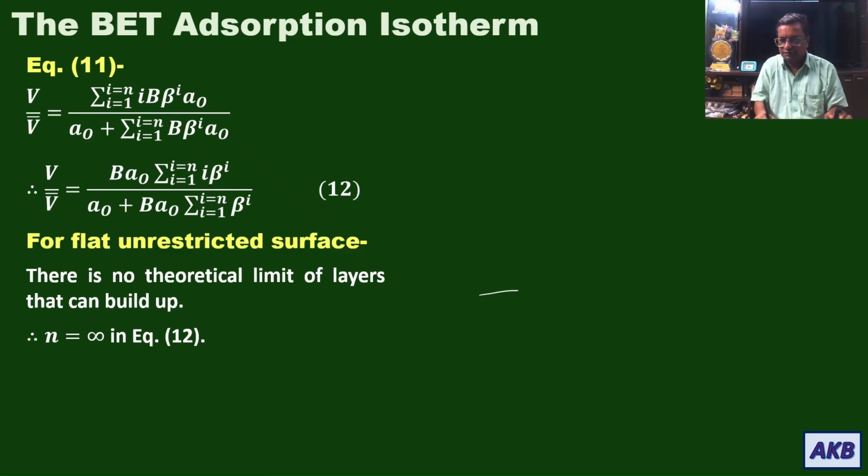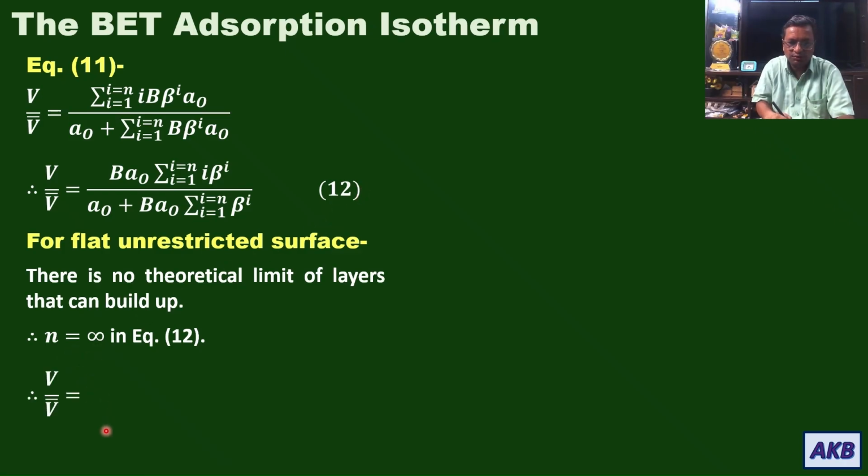When the surface is flat and there are no restrictions for the adsorption, in that case there is no theoretical limit on the formation of layers. That is, an infinite number of layers can be formed on the surface of the adsorbent. So we can replace N in equation 12 with infinity.